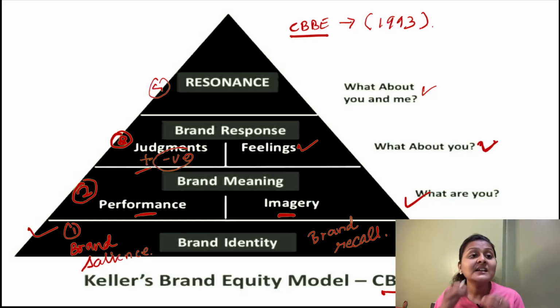Then there is a sense of community, the feeling of belongingness towards the brand. For example, Harley Davidson bikers. Bikers of this group feel that they are part of a certain community. An emotional connection between the bikers community and the brand is created.